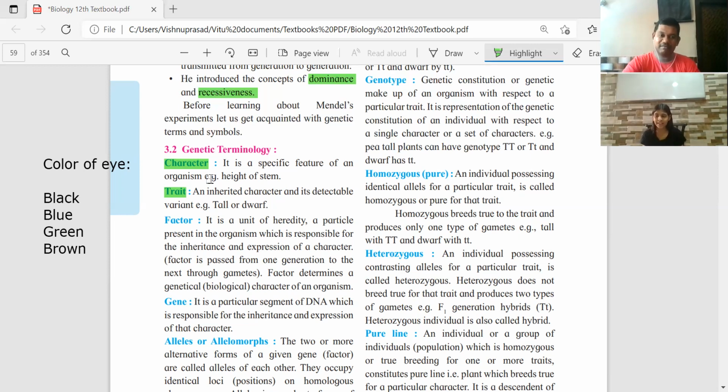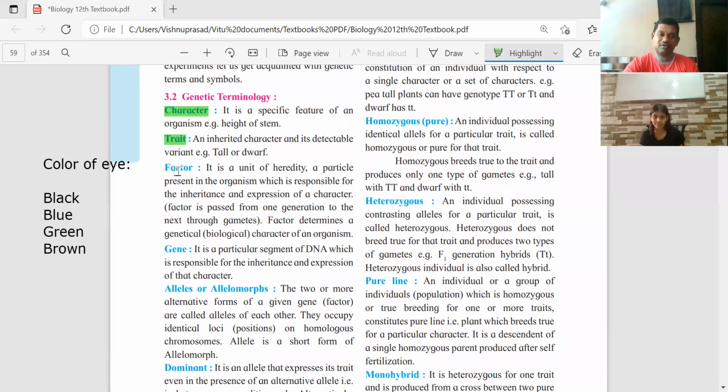So, understood the difference between character and trait? Okay. One of the traits is inherited and is a detectable variant. That's how you can define it. Then something called factor, which Mendel had used. So factor is what?